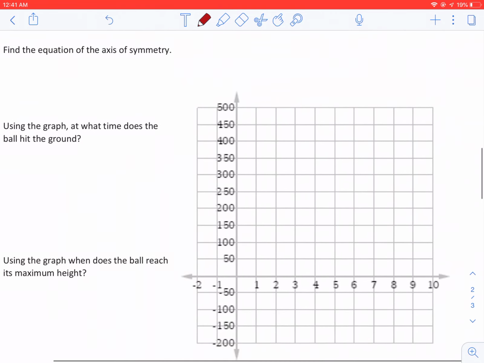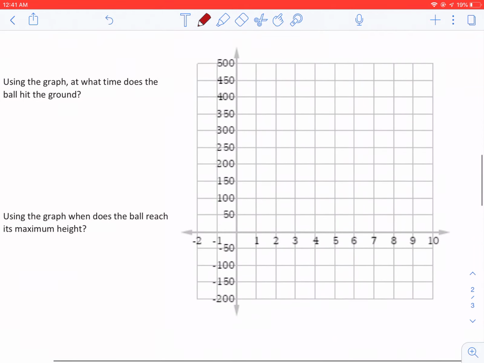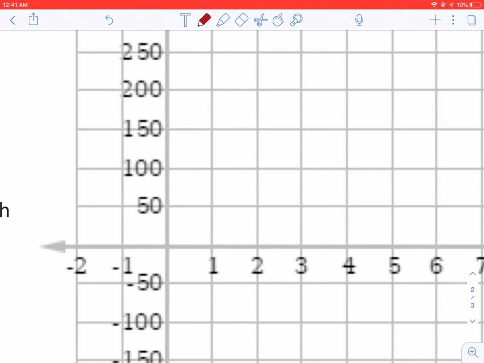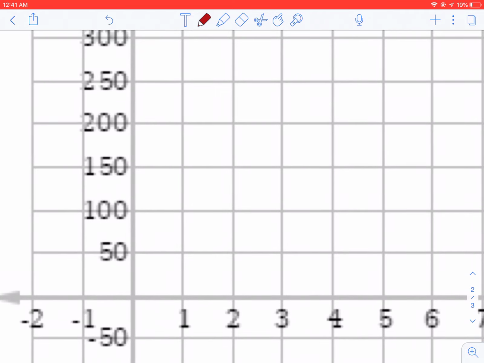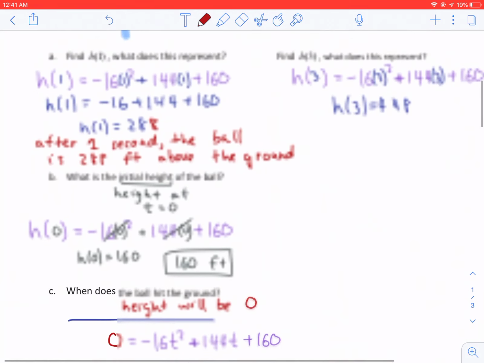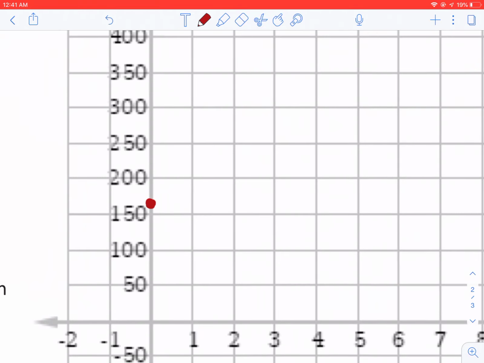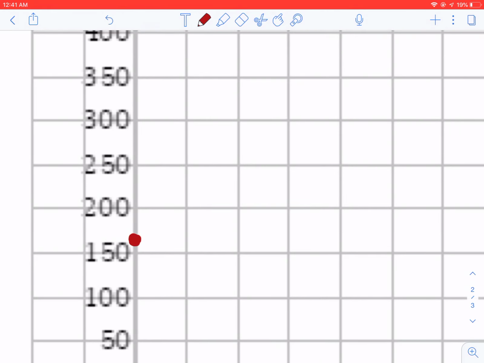So I actually have a graph here, so let's do way better than the sketch, and let's start graphing. The first point we found was 0, 160. That was the initial height. So let's plot that point. When we plugged in a 1, we got 288. So I'm going to plot 1, 288 also, approximately.